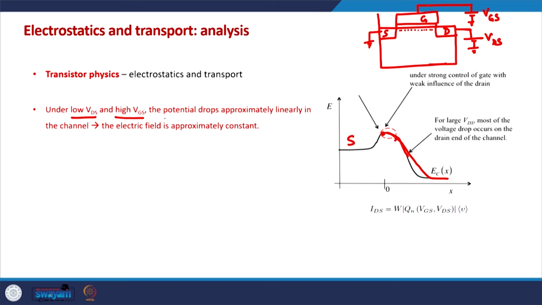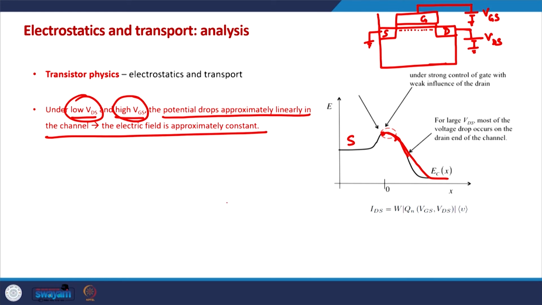So, it means that with high VGS and low VDS, the potential drops approximately linearly in the channel, and the electric field is almost constant in the channel. This is the case with low VDS, which is the linear regime of the IV characteristics, or the output characteristics.